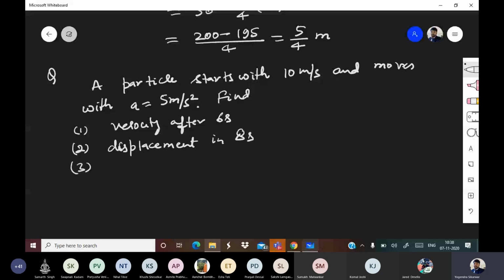Number 3, displacement in fourth second. Please solve.